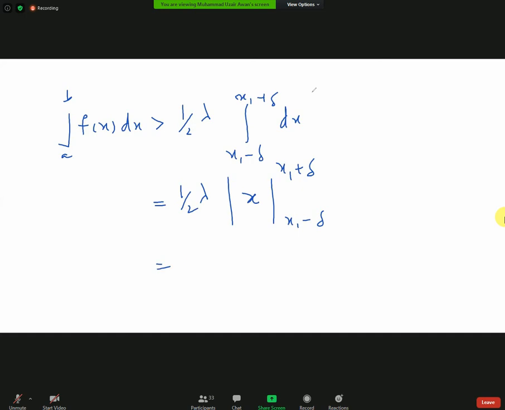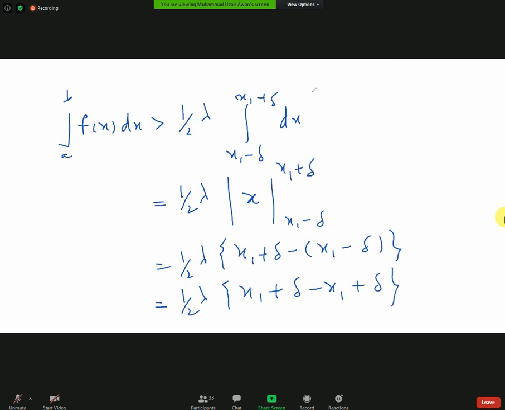So that will be equal to half lambda, x1 goes with this x1, we get half lambda 2 delta, 2 goes with this 2, we get lambda delta.